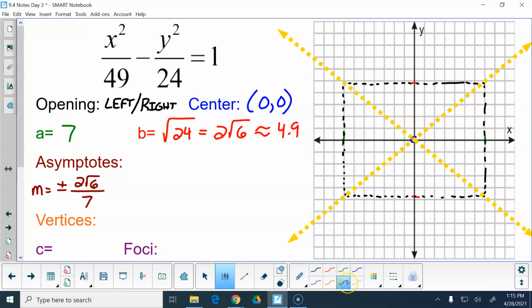So that means we can go directly to the equations. One of them is going to be positive 2 square roots of 6 over 7 times x. And the other one is going to be negative 2 square roots of 6 over 7 times x.